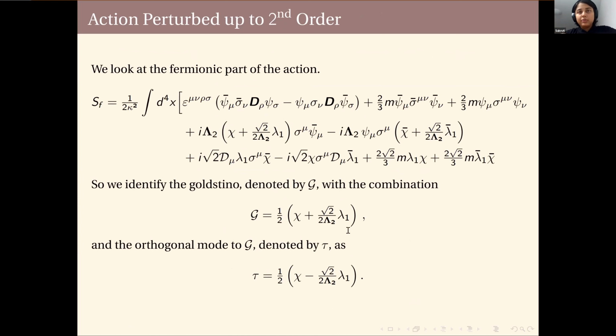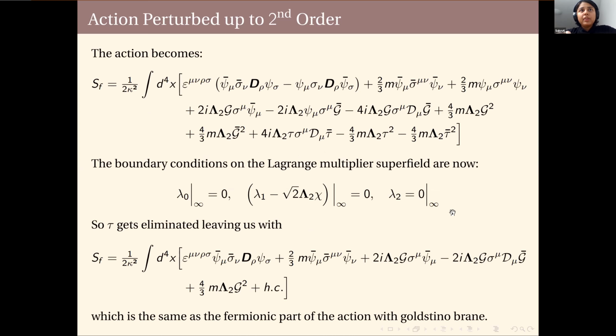We say that this is the Goldstino, and the mode orthogonal to this expression is denoted by tau. So using these field redefinitions, when we again express the action, this is what it looks like. Now, using the boundary conditions, it can be seen that the field tau actually vanishes, and it can be eliminated from the action, leaving us with just this action.